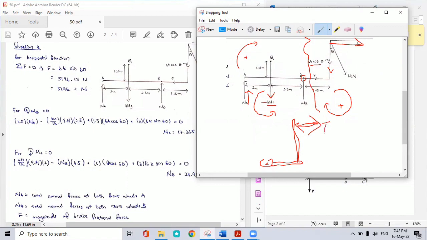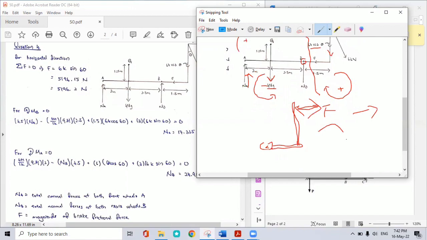The force is going outside. So just try to imagine that if we pull this thing in this direction, which direction will it go? Obviously, it will go in this direction, right? Clockwise direction. Therefore, it has a positive value.